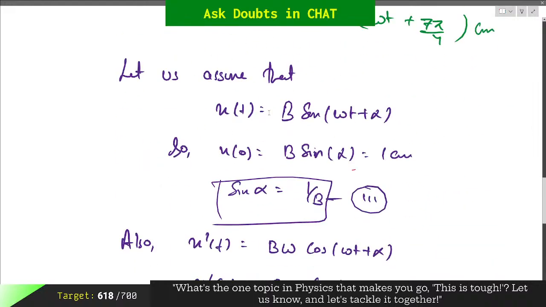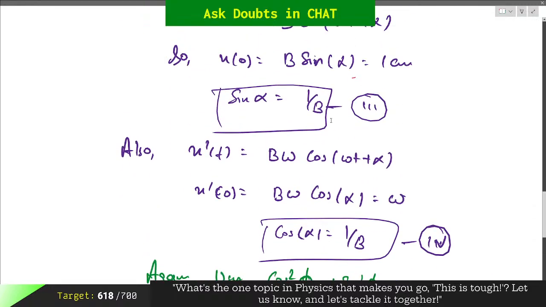So let's now turn this function into a sine function. x(t) = B sin(ωt + α). Now x at t = 0 would be equal to B sin α, which equals 1 centimeter. We have been given that at t = 0 it is 1 centimeter. So again sin α is going to be 1/B.